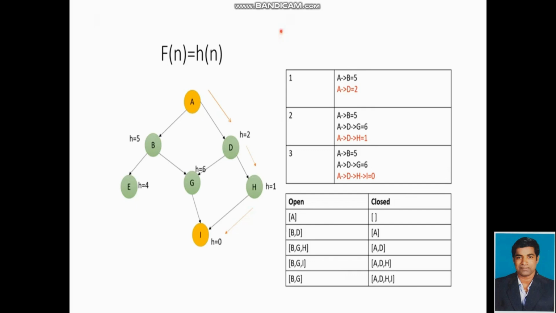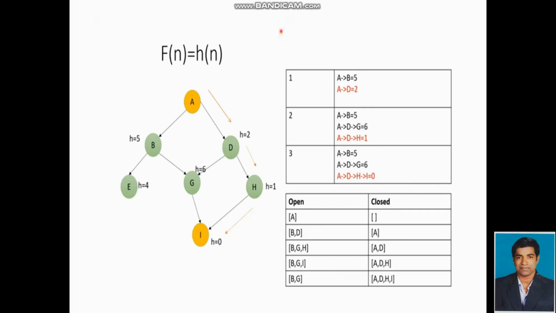Then A to B and ADG we write as they are, and ADH alone we take for the next transition, ADHI. For that we get heuristic value 0. Finally we stop, because we reached the target; that is why the heuristic value is 0.